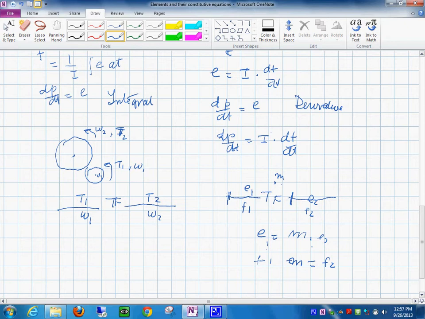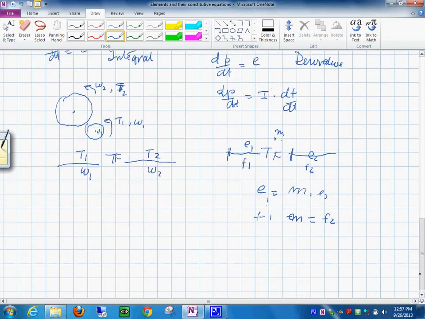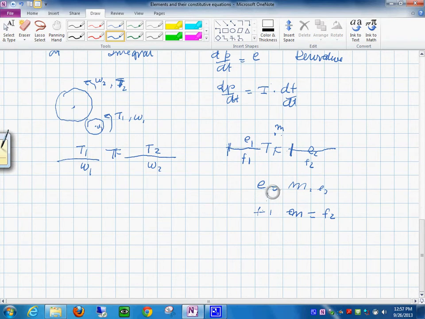And now we need to do the constitutive equation for the GY element. And this could happen like this, but also the transformers could actually be the other way, like this. In general, depending on how it's connected, you can have it this way.